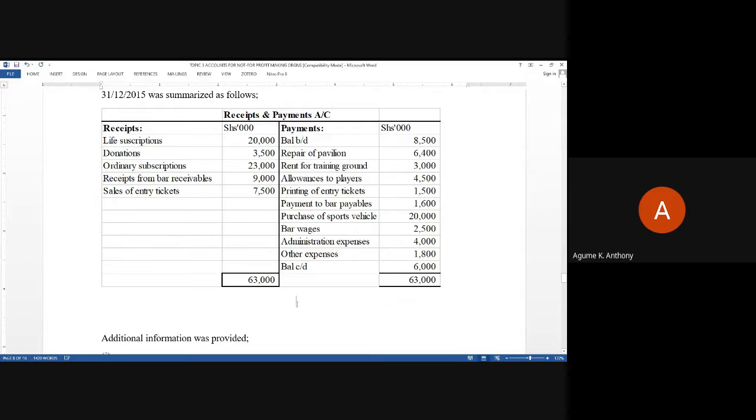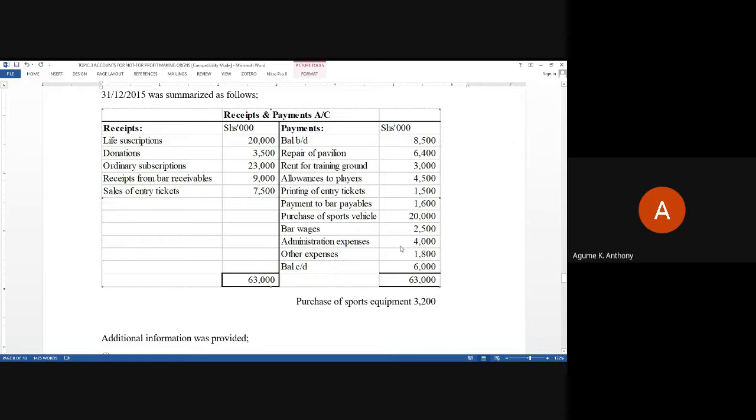Under payments, you also add purchase of sports equipment, which is 3.2.